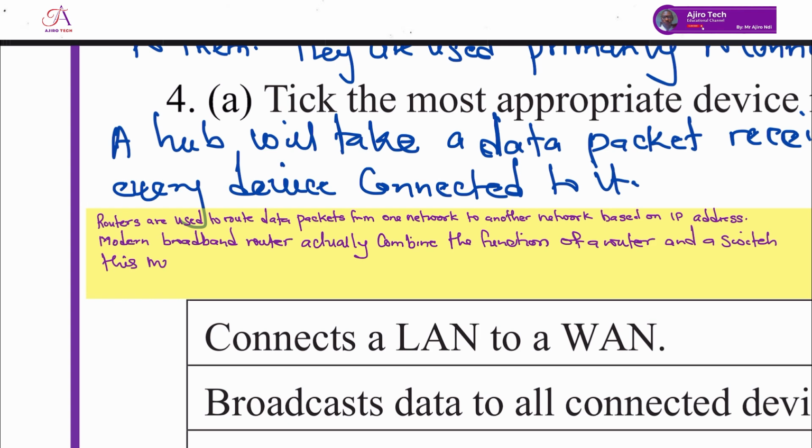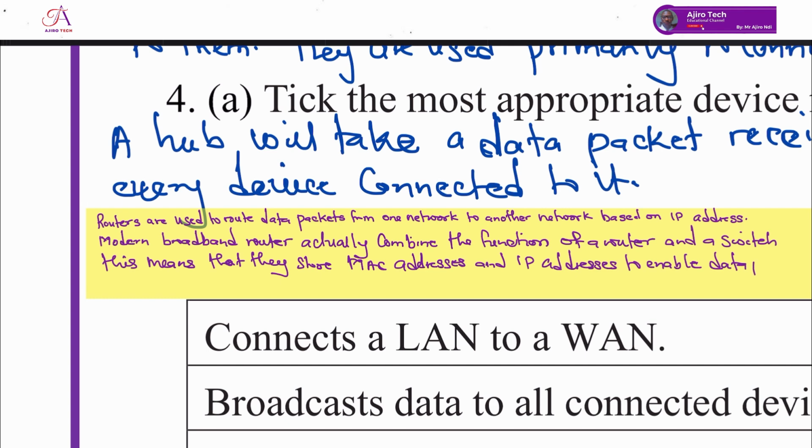Of course, this means that they store MAC addresses and IP addresses to enable data packets to be sent to the correct network, and then to the correct device on the network.